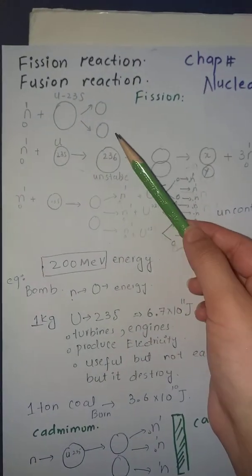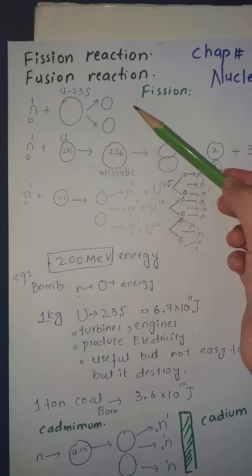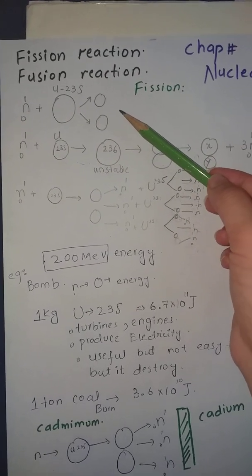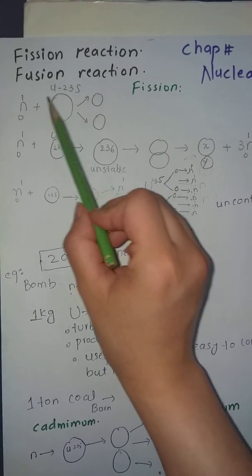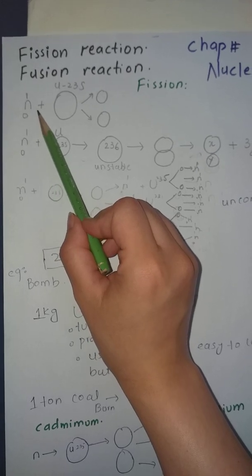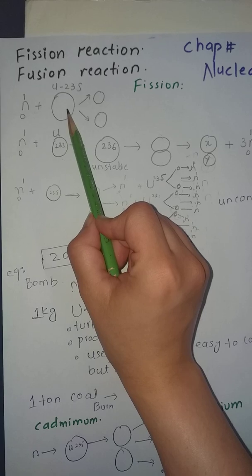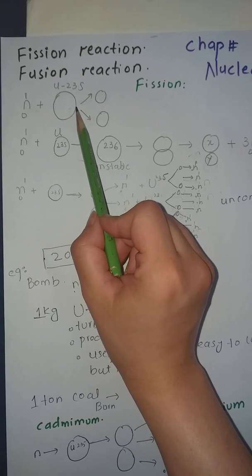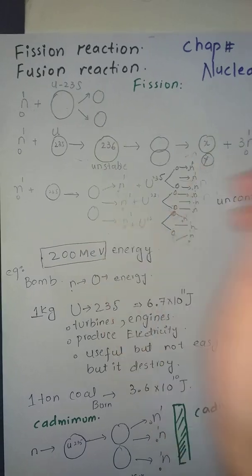Let's take an example to understand. Let's take a uranium element of 235 and bombard a neutron on it. When we bombard a neutron on the heavy nucleus of uranium, the uranium converts into two nuclei.